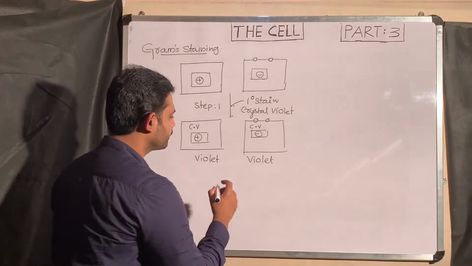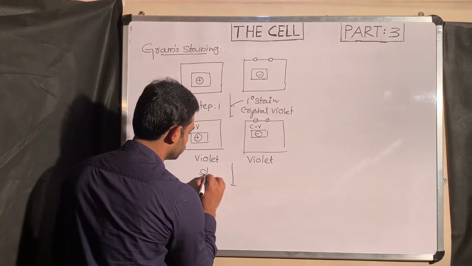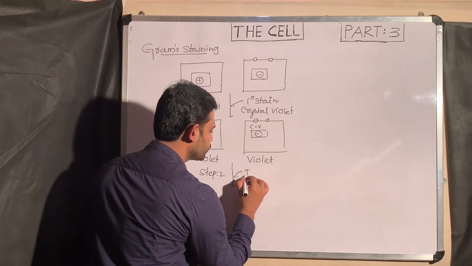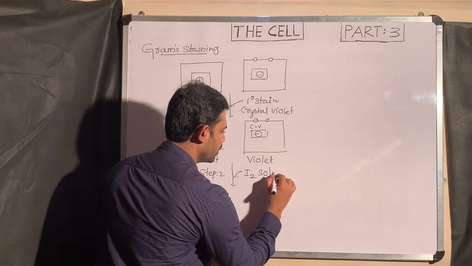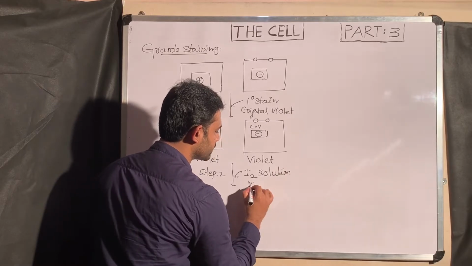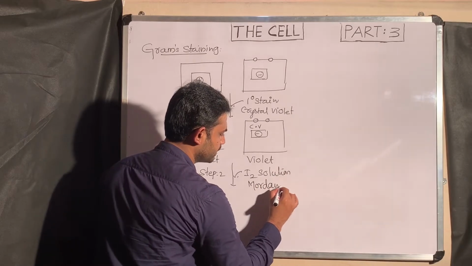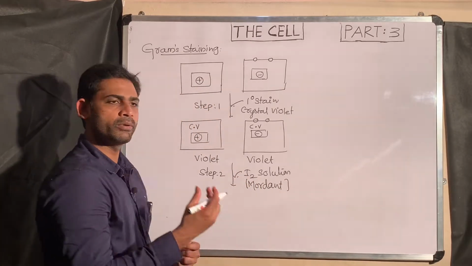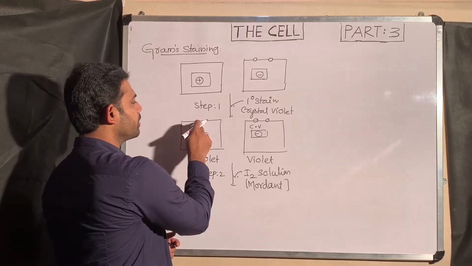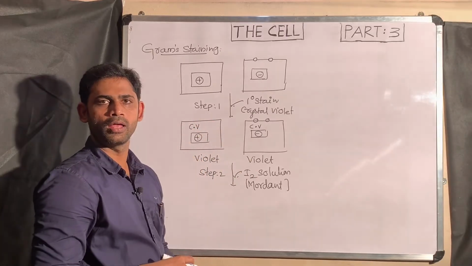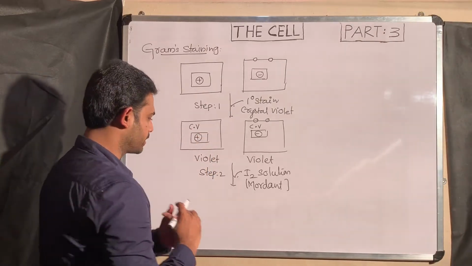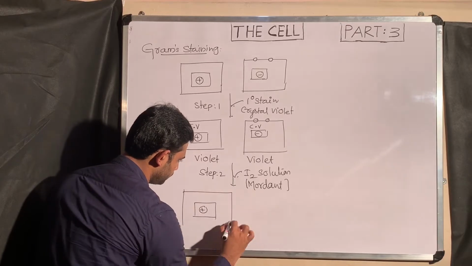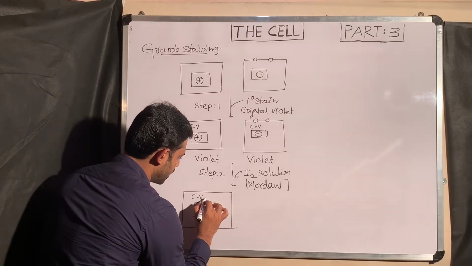Okay. After that, next is step 2, the very important step: add iodine solution. Iodine solution acts as a mordant, meaning the one which determines the gram staining is the iodine solution. When you add iodine solution, the iodine goes inside the cell wall and associates with the crystal violet. This is a gram positive bacteria with the crystal violet iodine complex.